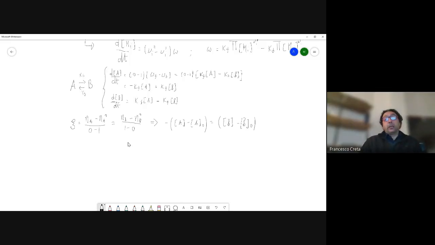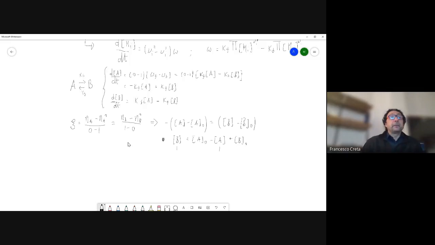One thing that we figure out immediately is that A and B are not independent, because you can write down the concentration of B simply as A0 minus A plus B0. So you understand that A and B are functions of each other.